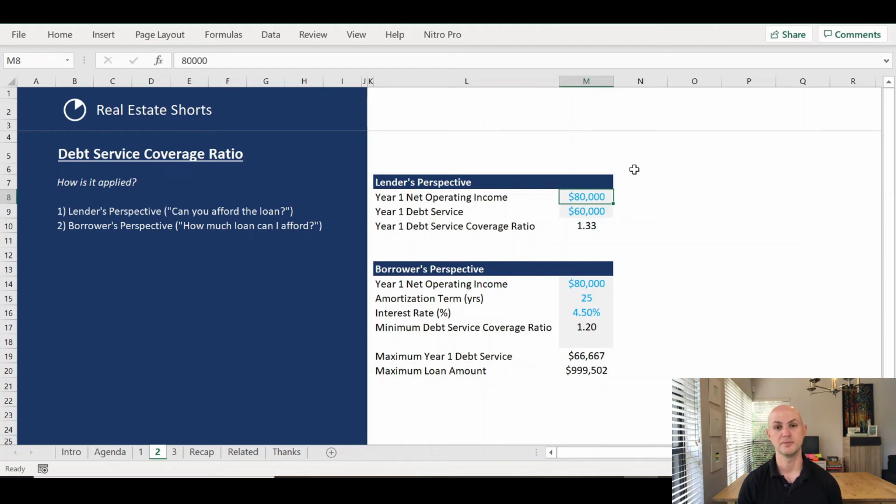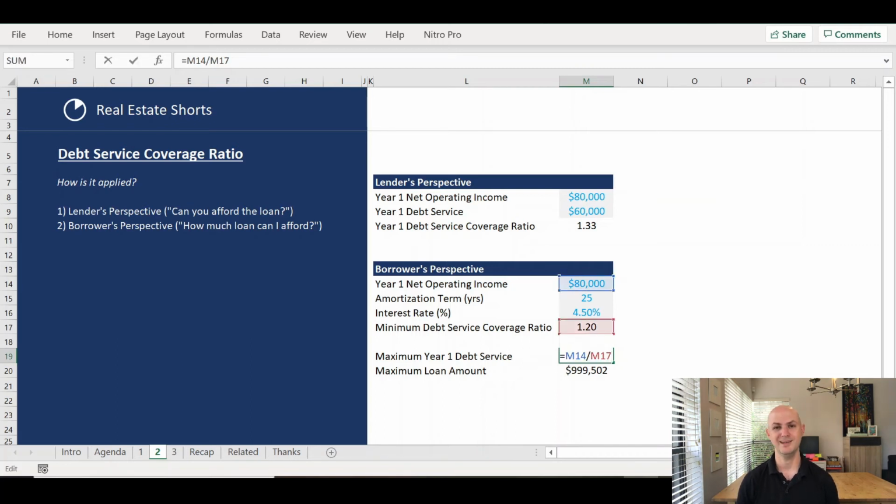Now let's take a look at it from the borrower or buyer's perspective. The same 80,000 bucks. However, now we're going to introduce some loan terms to help us estimate that maximum loan balance. So how did we arrive at that maximum year one debt service? So the maximum amount of annualized payments you would be able to afford. So we could again work backwards.